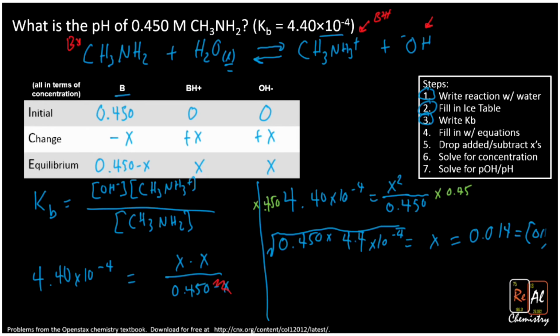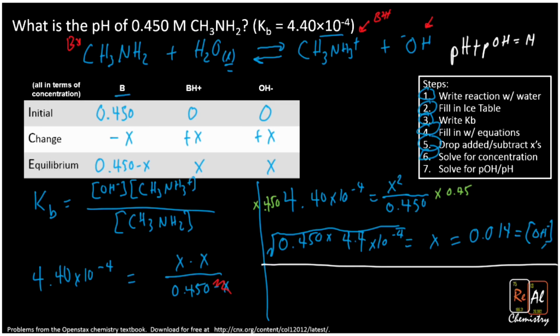And if we ever get to our hydroxide concentration or our hydronium ion concentration, we're very close to getting the pH. So we've filled in our Kb with equations. We've dropped the added or subtracted X's, and we've solved for our concentration. Now the last step, we just have to solve for pH. Remember that pOH plus pH is equal to 14.